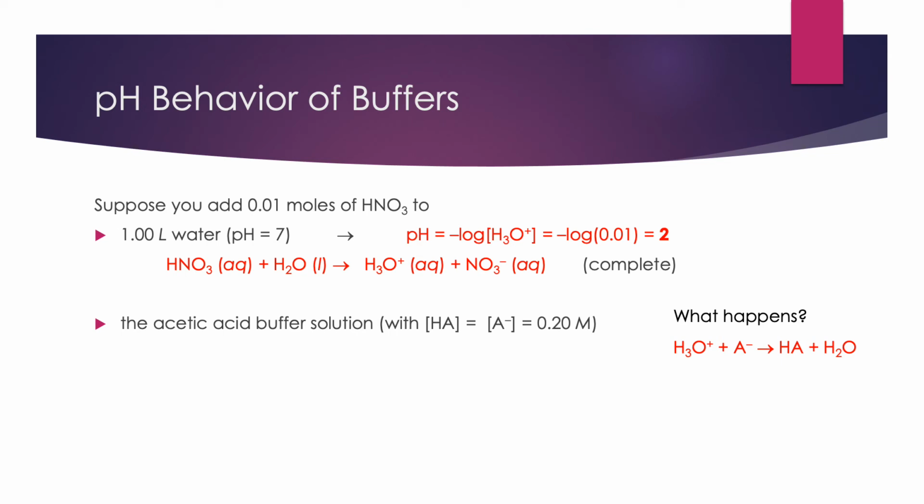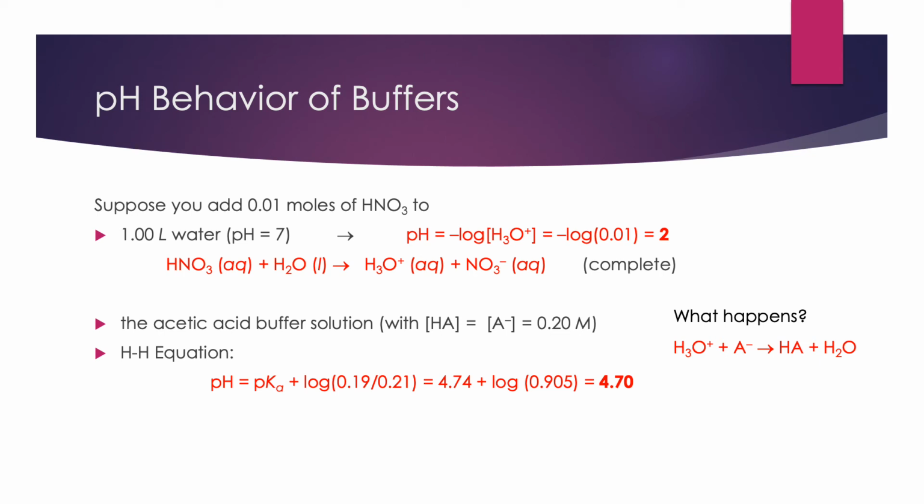So the final concentrations of these two things: HA will now be 0.20 plus 0.01, and the A minus will be 0.20 minus 0.01. So what does that look like? Okay, if I draw up my Henderson-Hasselbalch equation, now my situation is this.